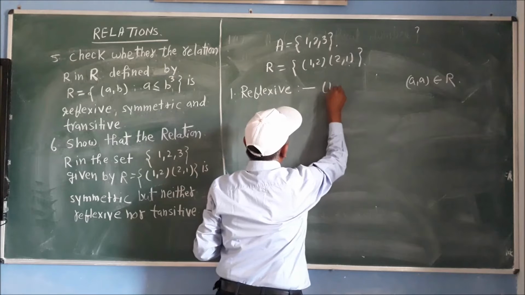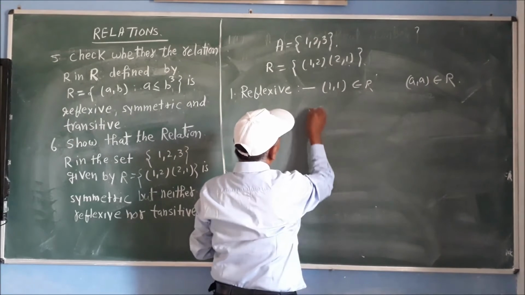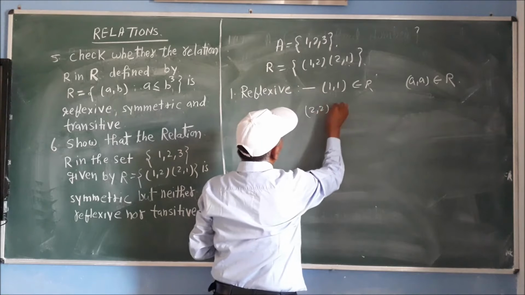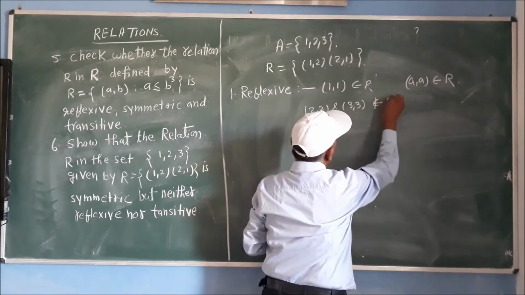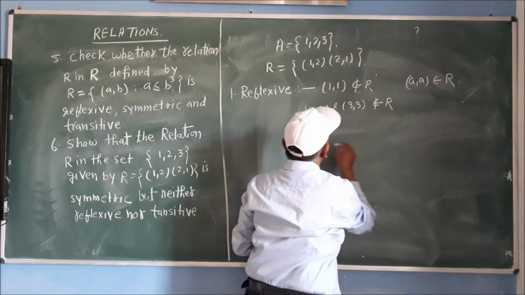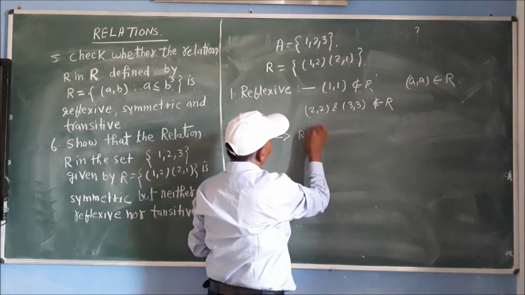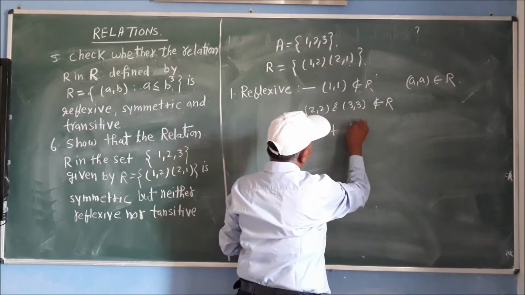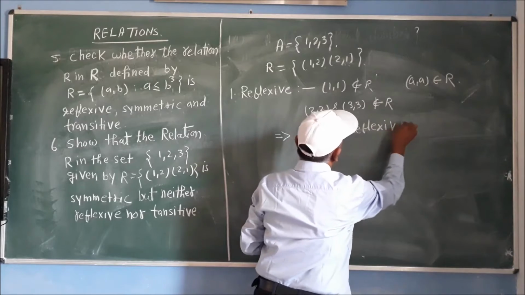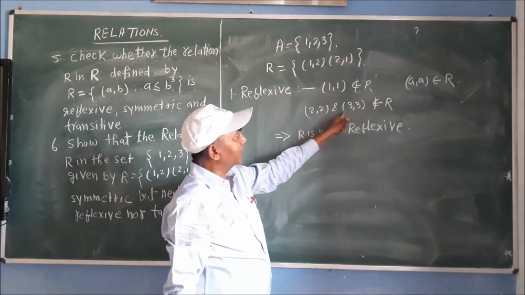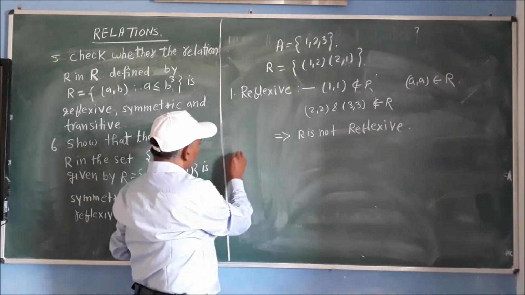So (1,1) does not belong to R, (2,2) and (3,3) also do not belong to R. This means R is not reflexive.